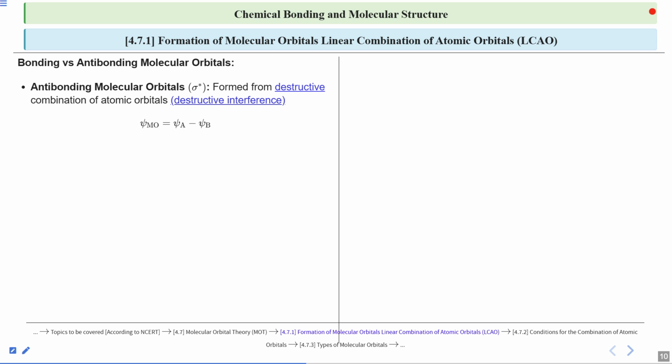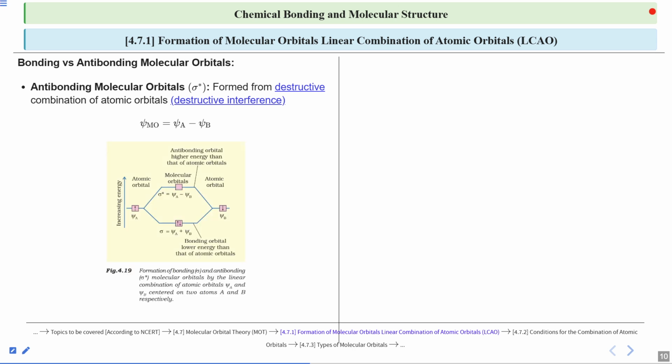So sigma stands for the bonding case and sigma star stands for the anti-bonding case. Now, if you look at this diagram, you can see the sigma star represented here. It has a higher energy than psi A and psi B, and also a higher energy than the sigma itself.